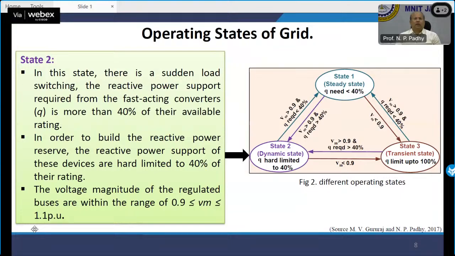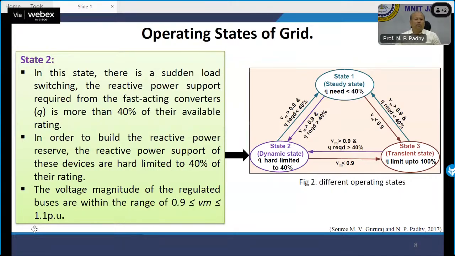Now state number two, which is very important. In this state, there is a sudden load switching. The reactive power support required from the fast acting converter, because when there is sudden load, we have to extract reactive power from the converter, is more than 40% of the available rating.